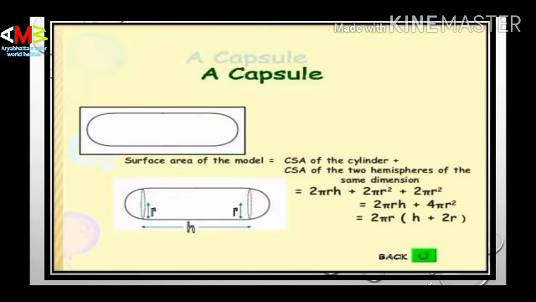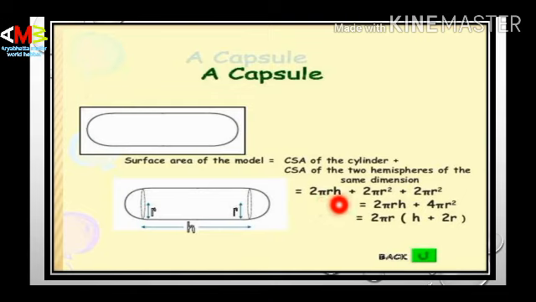Next we go to the capsule. So this is the capsule. What is the surface area of the capsule? This is a capsule, we have to take it as 2 hemispheres attached to both ends. So the surface area of the model is CSA of cylinder, this portion is the cylinder, plus CSA of 2 hemispheres of the same dimension, one hemisphere here and another here.